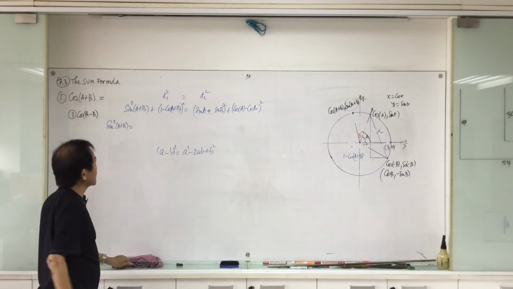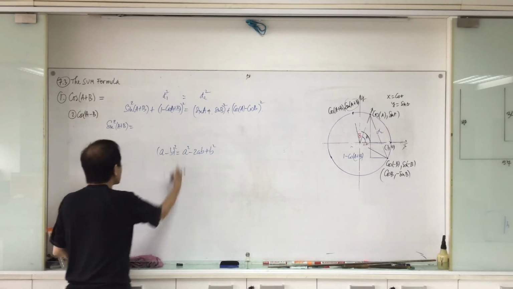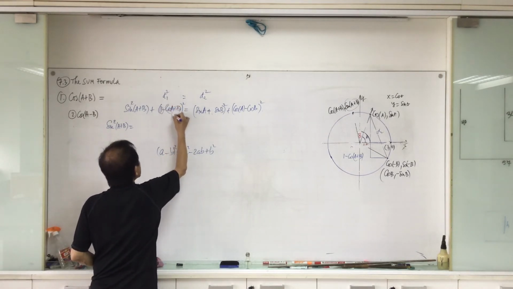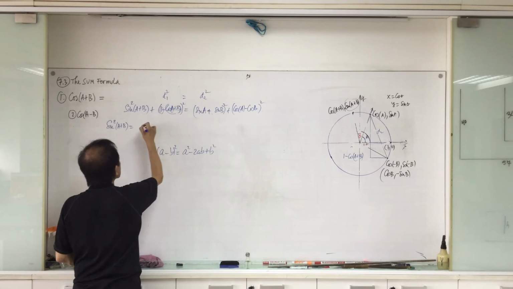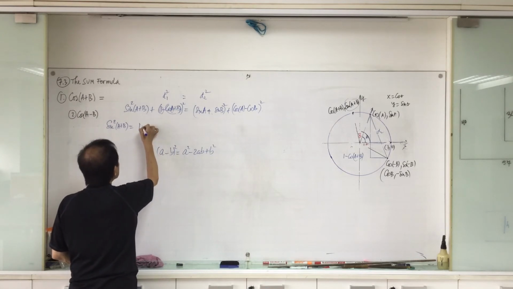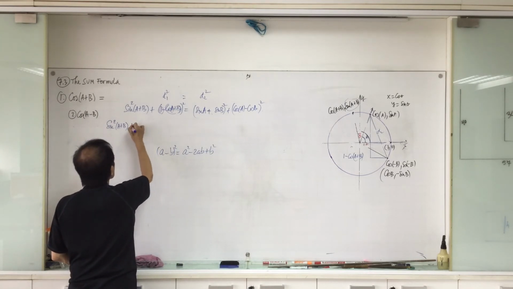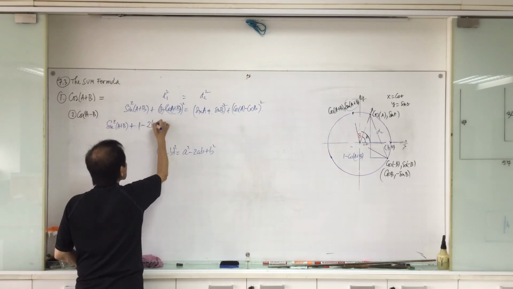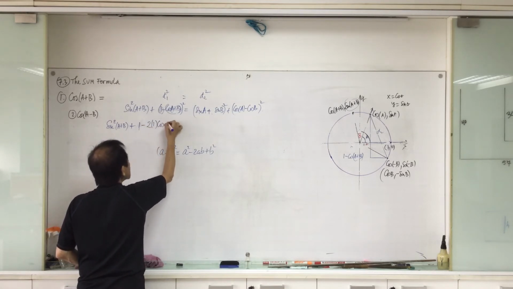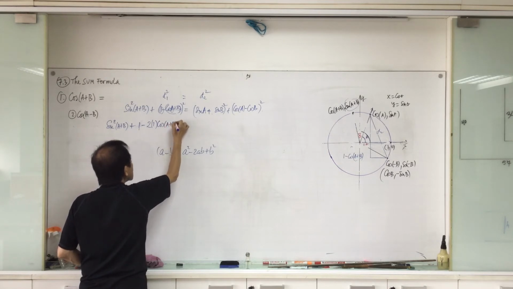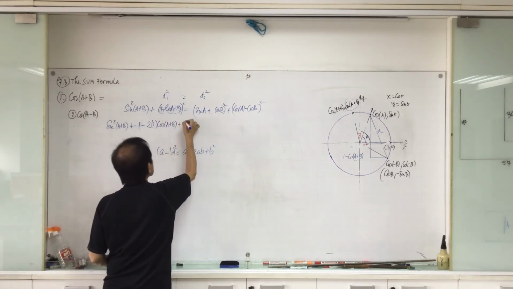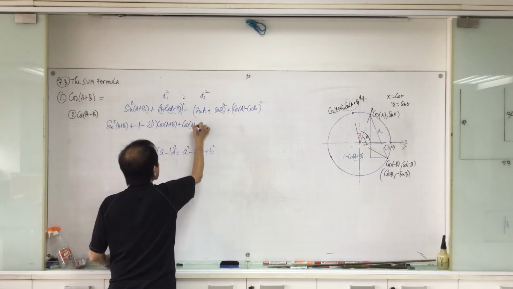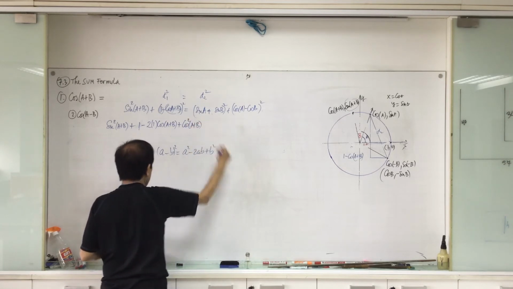We already discussed a lot about this. So we treat this one A and this one B. A minus B square equal A square minus 2 times A times B plus B square. So cosine A plus B square.